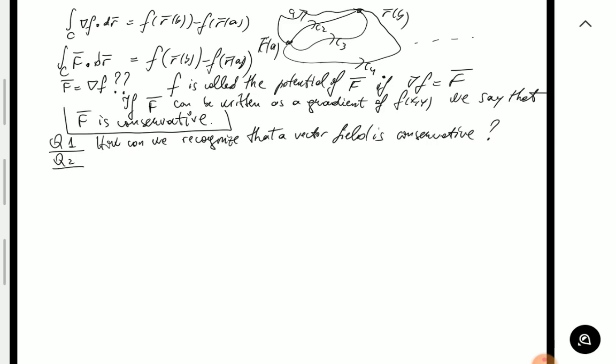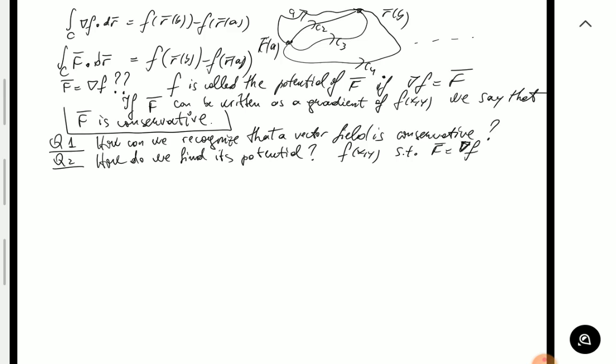And the second question: how do we find its potential, that is, that scalar function f of x, y such that big F is the gradient of little f?